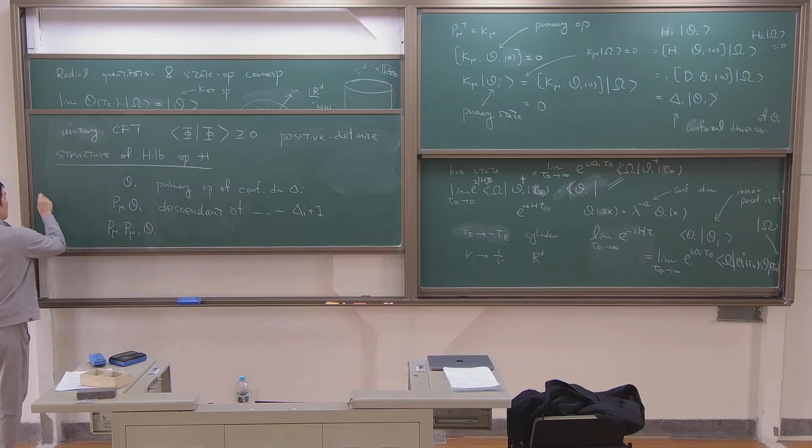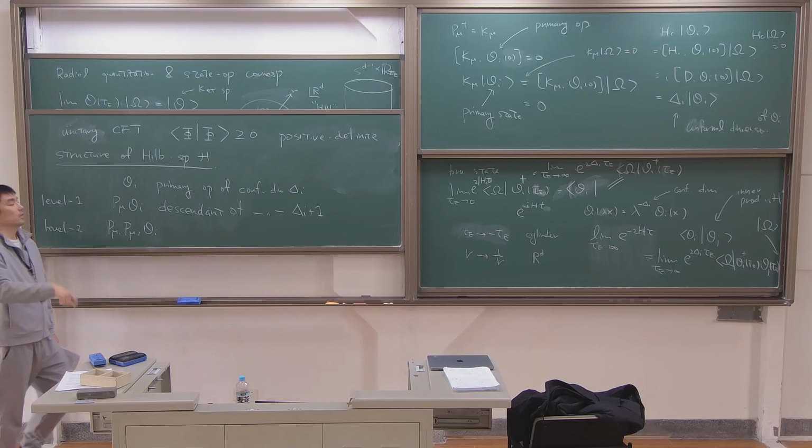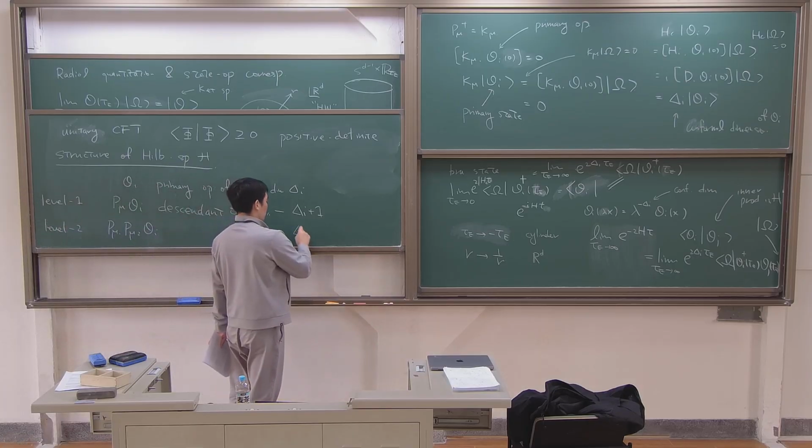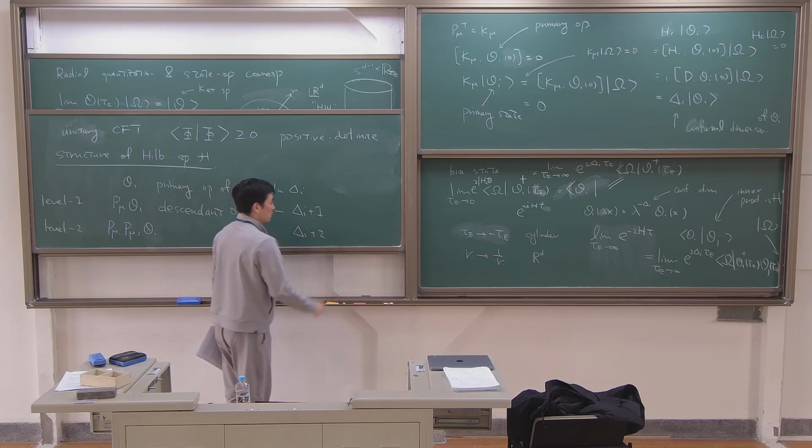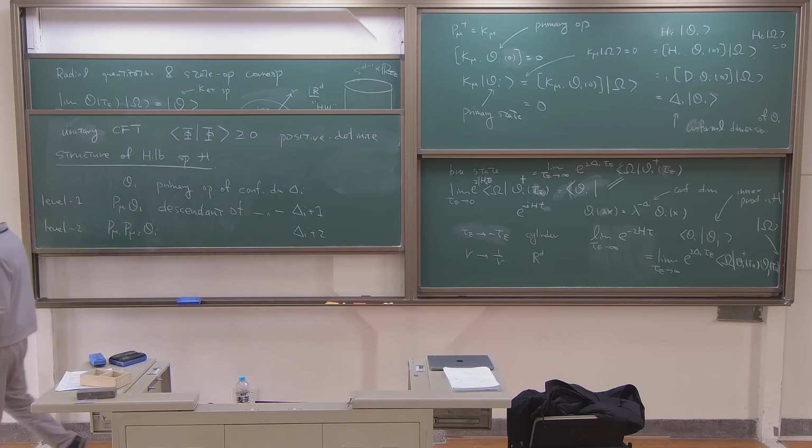This is called a level 1 descendant, level 2 descendant, like this.